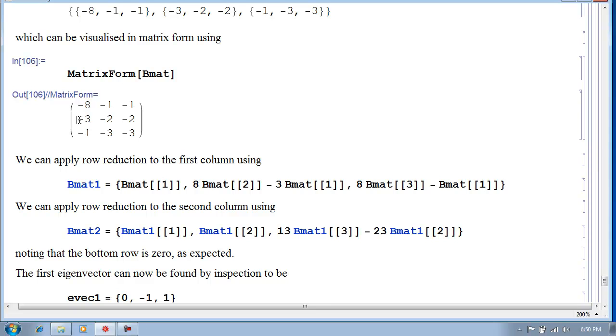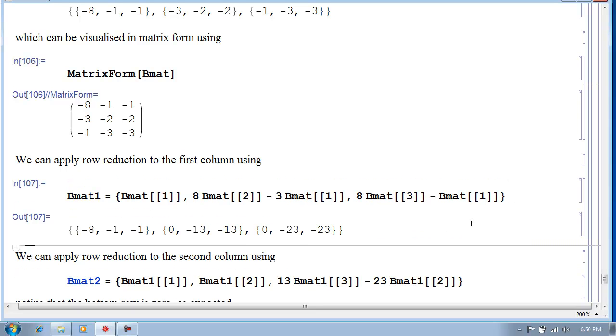Well, we need to find zeros here, and we can get zeros here by subtracting 3 times the first row from 8 times the second row, which is here, and then we can subtract the first row from 8 times the third row. So let's do that, and we can see that that produces zeros here and here.